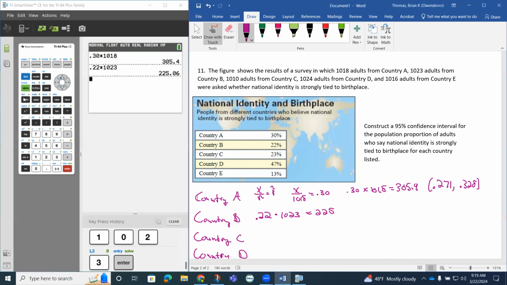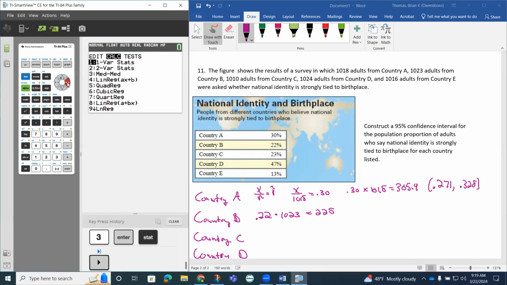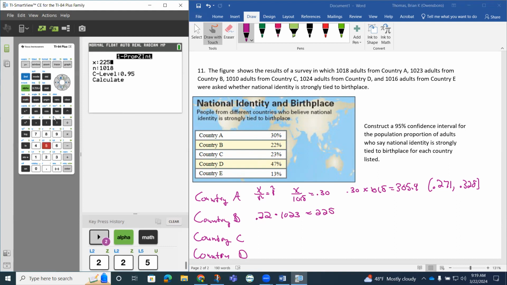So if I go ahead and play this out here, stat test, alpha A. This now will change to 225. And then this time 1,023 people were surveyed.